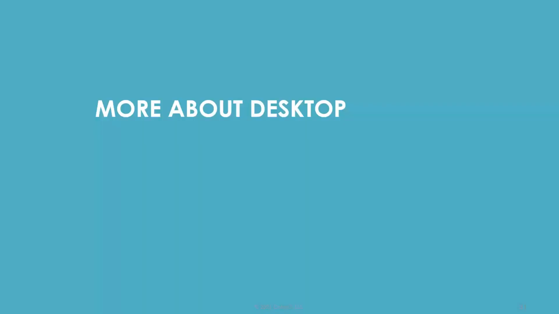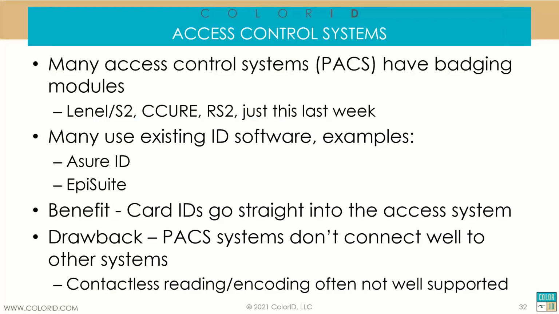And then a few more things about desktop software. A lot of schools use their access control system to make their ID cards. The badging modules built into Lenel S2, Secure RS2, those are 3 that just came up this last week in our conversations at ColorID.